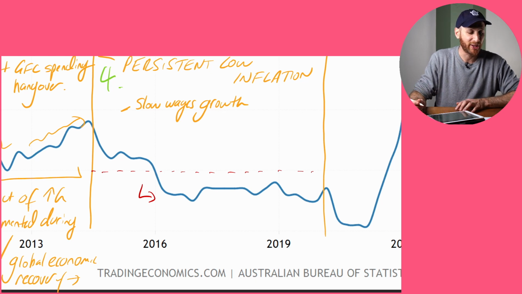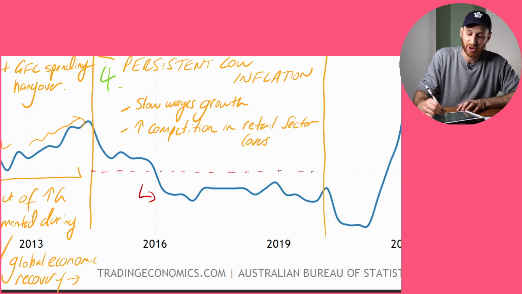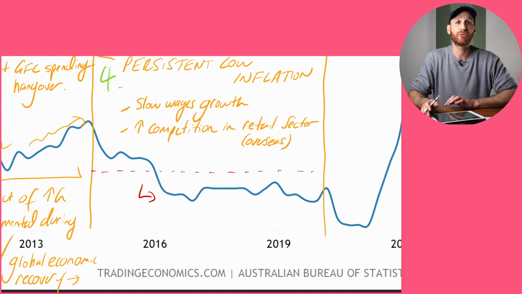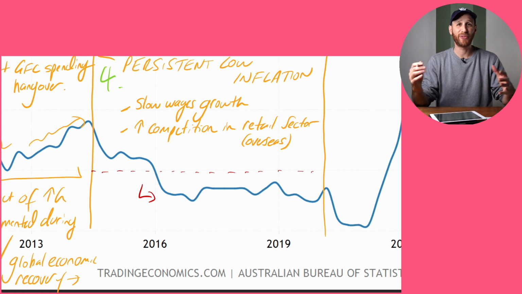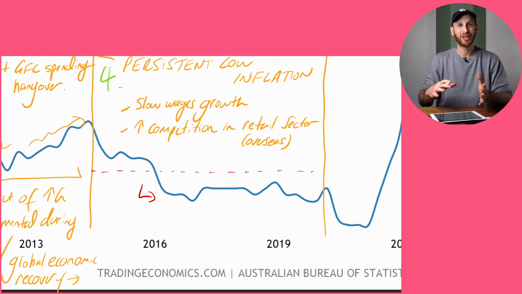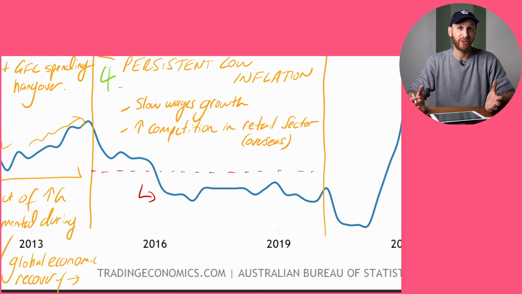The other thing we can think about here is that there is increasing competition in the retail sector, including from overseas brands coming into Australia and selling their products. And so this will keep prices low, in the sense that more competition and an increase in supply will reduce prices, including from overseas entrants.